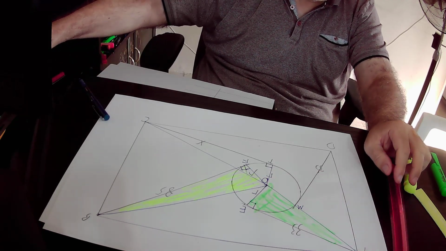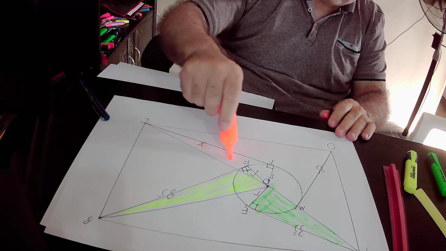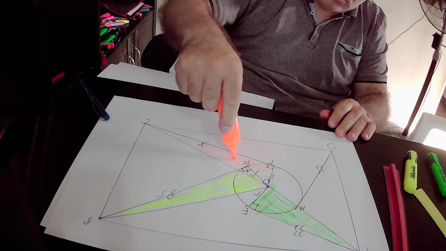And we'll implement the Pythagoras theorem on the right orange triangle OTC.